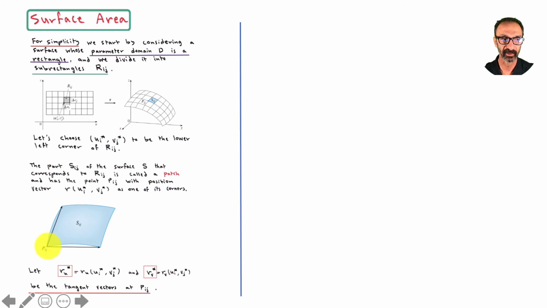That's why it's called star, because it's coming from this point. That will be the partial derivative with respect to v at that location. These are the tangent vectors at this point P sub ij, doing r sub v and r sub u.